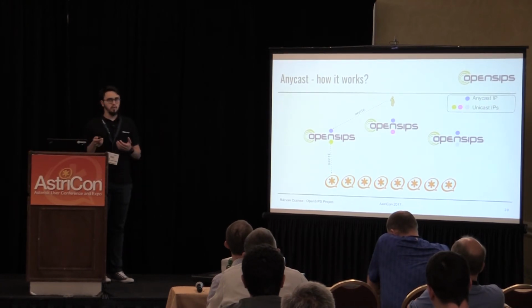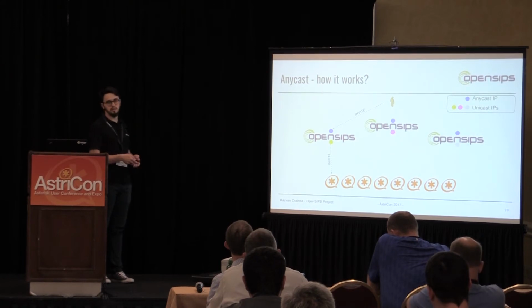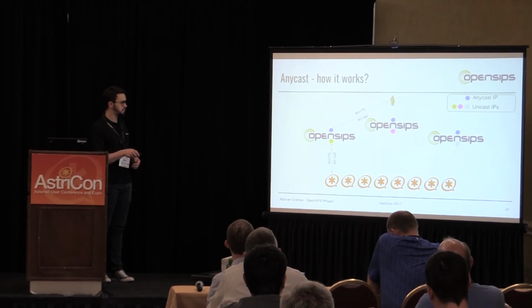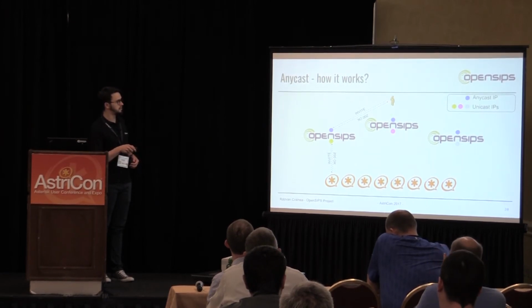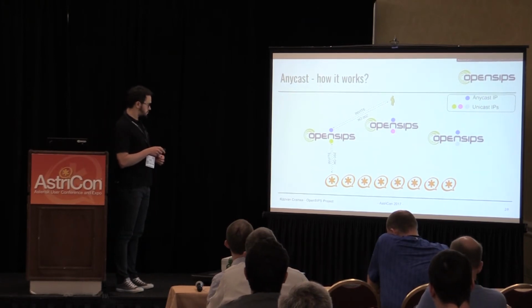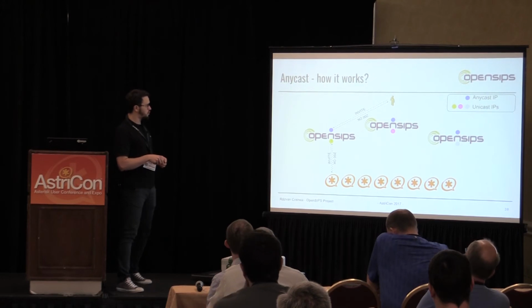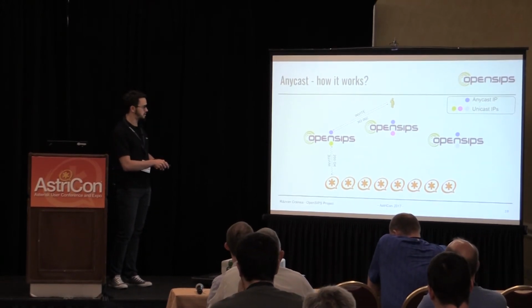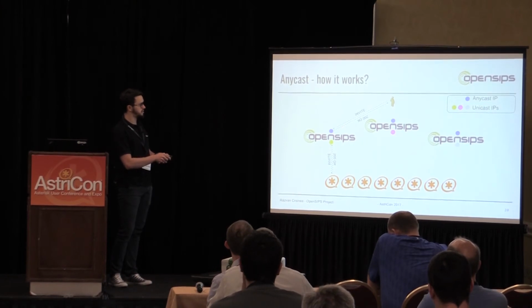Now, we have an invite that goes to an asterisk server. The asterisk server responds, sends a 200 OK here, which is further sent here, right? How do we route this 200 OK? How do we make sure that the 200 OK goes through this instance and not through this one?